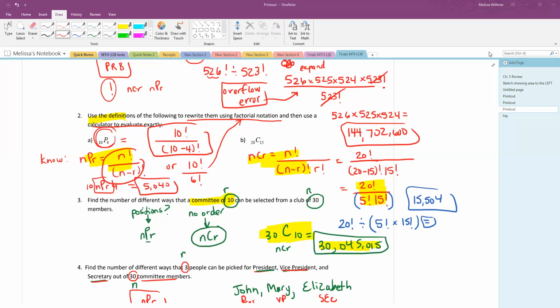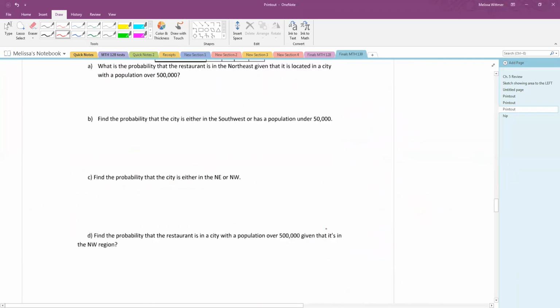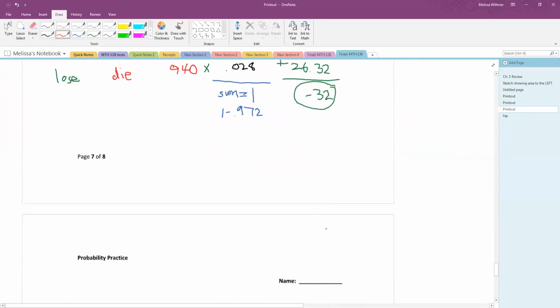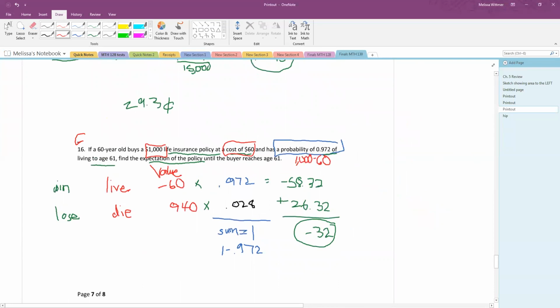And then on number 16, how did I find 0.028? So let me go back and respond to that question. Number 16 was the expected value for the life insurance. How did I get 0.028? Well, they gave me the probability that the person would live is 0.972. The opposite of living is dying.